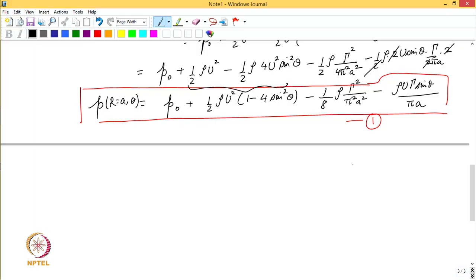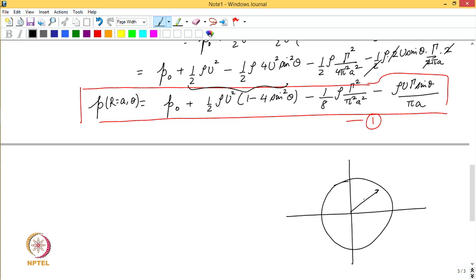Now, before we move further, let me talk about how we would get force on this cylinder. So, say we have this cylinder here of radius A. This is r equal to A, or let us put it here, r is A. This is the radius.